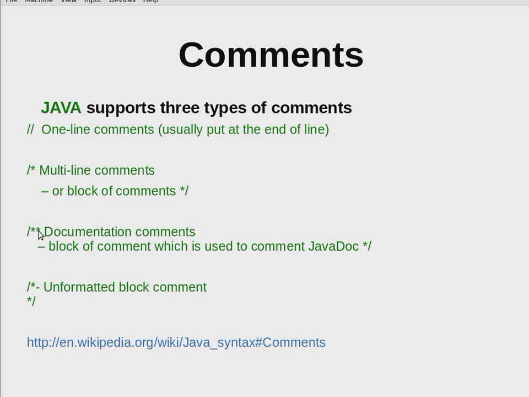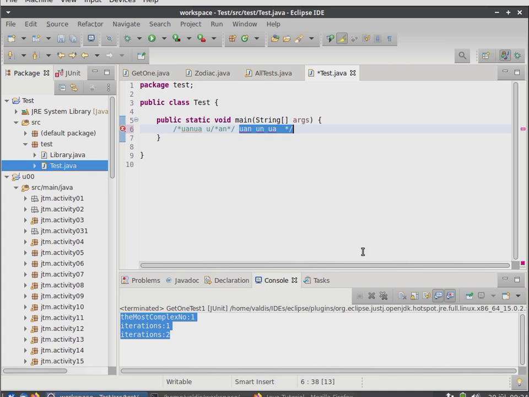Then there are documentation comments introduced in Java, which start with slash star star, and which are used to generate documentation of your code automatically.